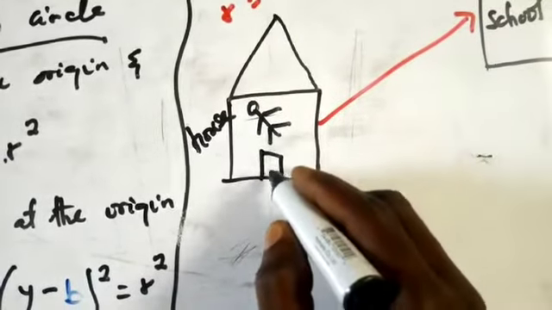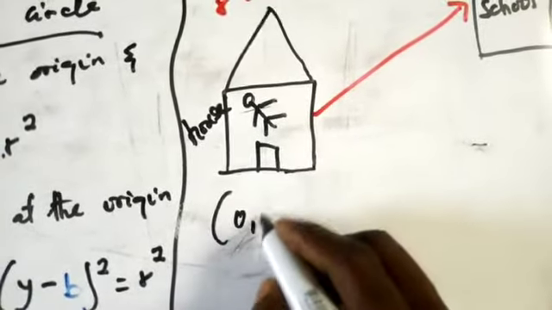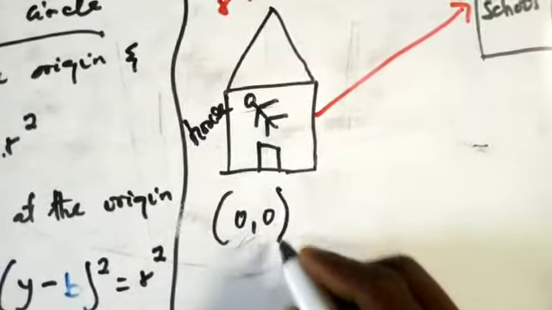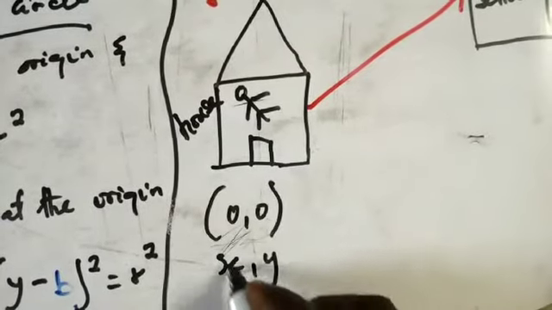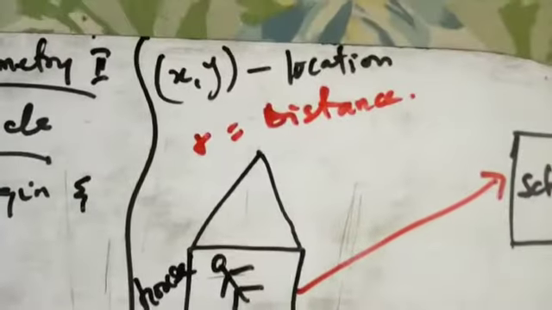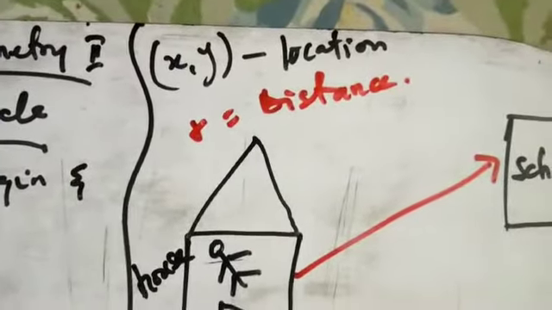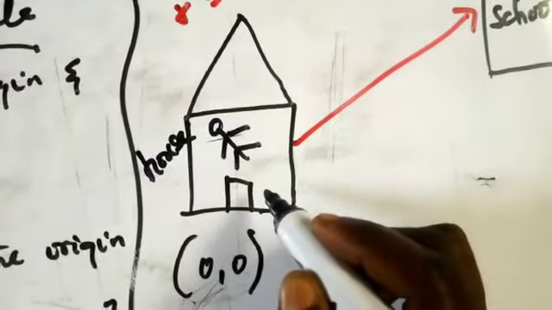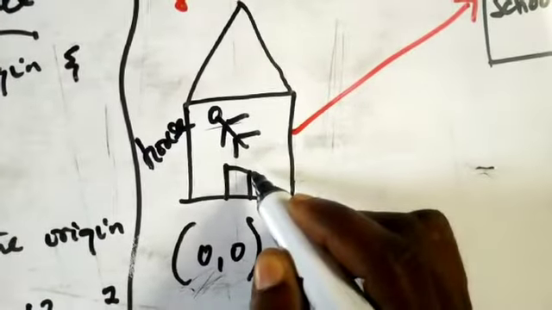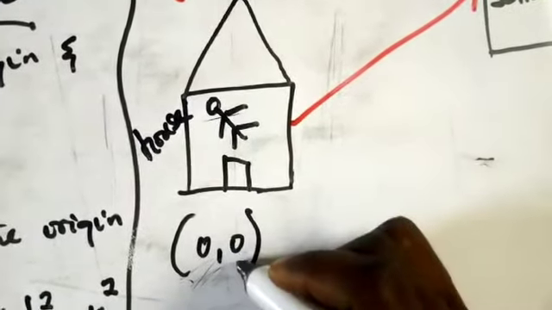So if you are in your house, then it means that you are at 0, 0. The 0, 0 here is the x and y in that equation. This x and y here, whatever I'm having here, determines your location, where you are supposed to be, right? Is that okay? Imagine it this way. Your location, your house currently, where you are right now, is your center, the 0, 0.